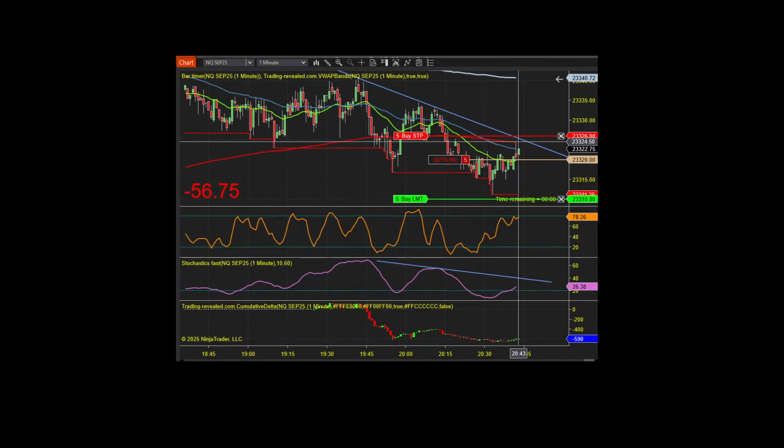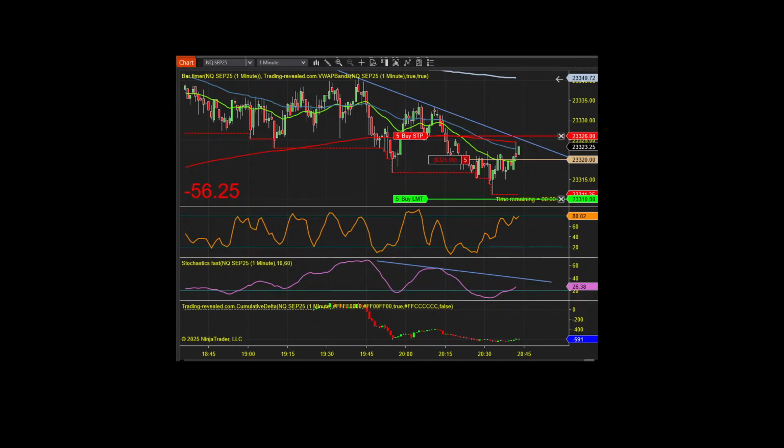So I should have really tried to get filled up here. But I did set, let's see, we're at 1926, so it's about 5, 6, 7 points. So with 5 contracts, that's going to be close to $1,000 stop out.